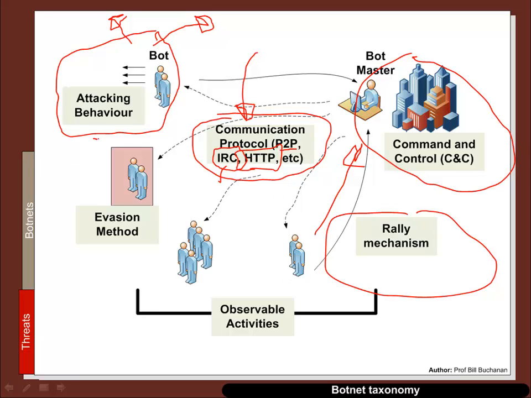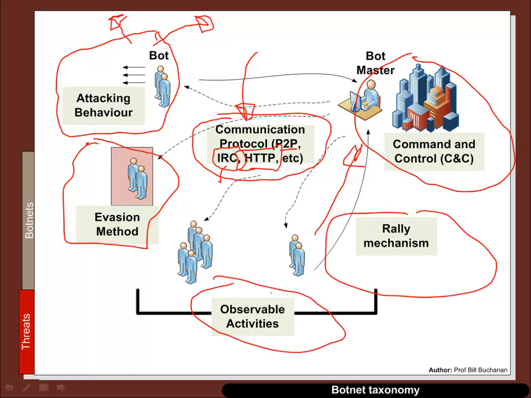Then we have the evasion methods. So this might relate to them being encrypted or obfuscated in some way. They might communicate through IPv6 tunneling or even voice over IP tunneling. And then we also have other observable activities which might relate to how they run on the host, such as what files they copy and use, which threads they create, and what the network trace looks like.